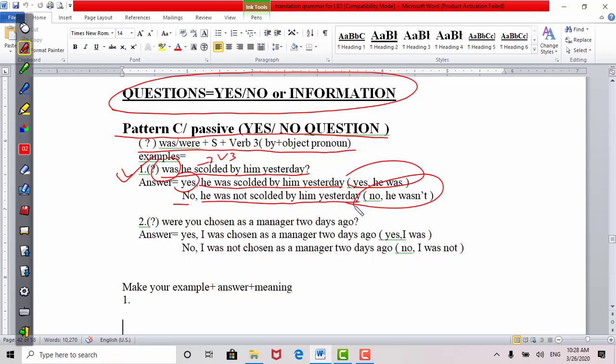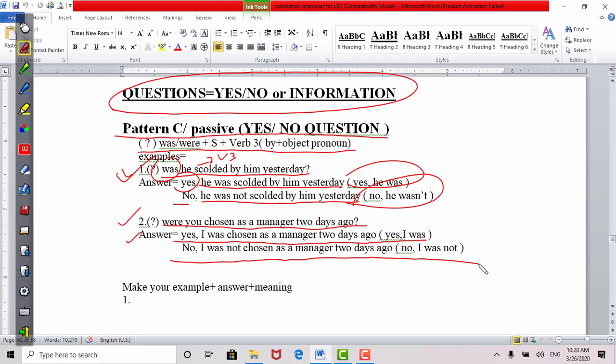Next, number two: Were you chosen as a manager 2 days ago? Yes, I was chosen as a manager 2 days ago, or yes, I was. No, I was not chosen as a manager 2 days ago, or no, I wasn't.